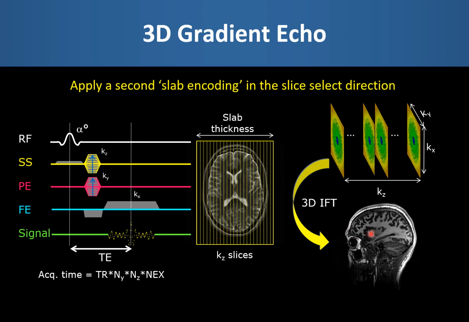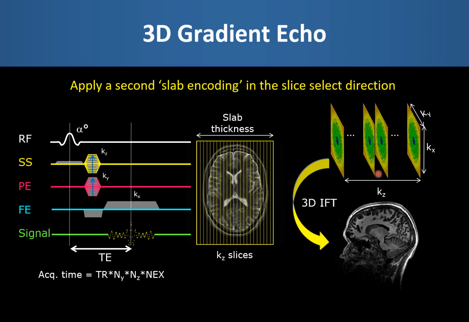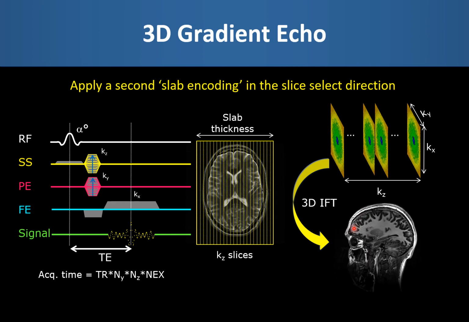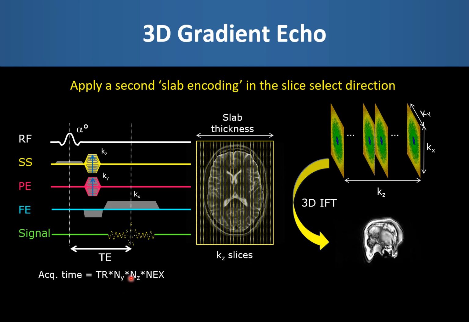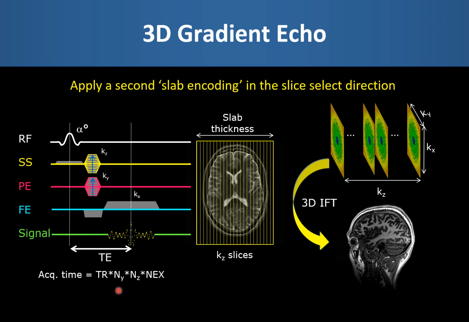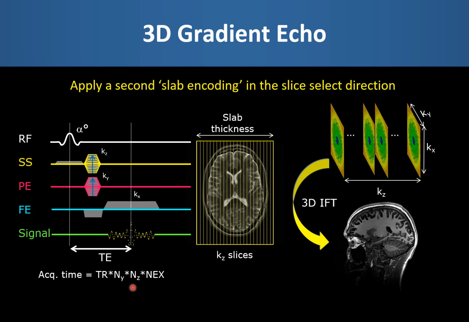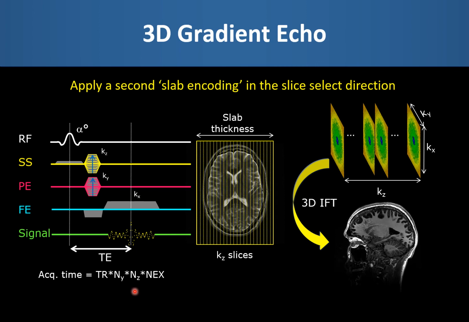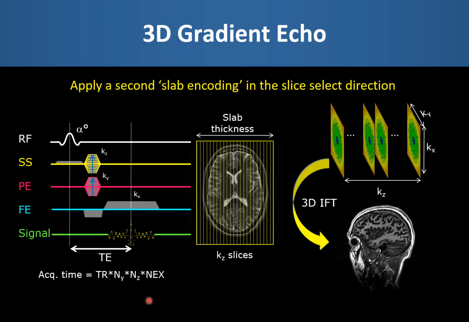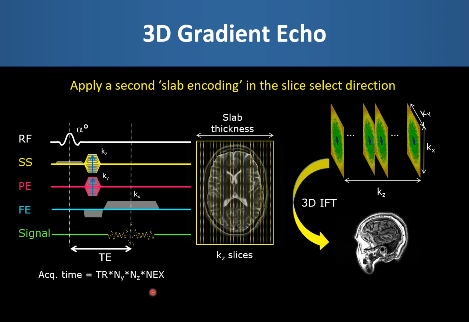The images are then reconstructed using a 3D fast Fourier transform. A short TR is required because the acquisition time is now given by the TR multiplied by the number of in-plane phase encoding steps, multiplied by the number of through-plane or slab encoding steps, and also multiplied by any signal averaging that we may care to do.